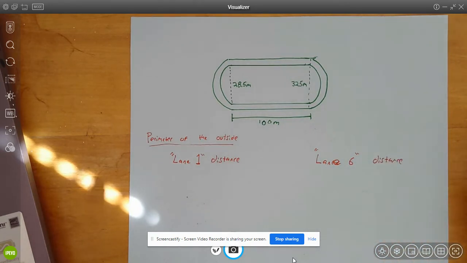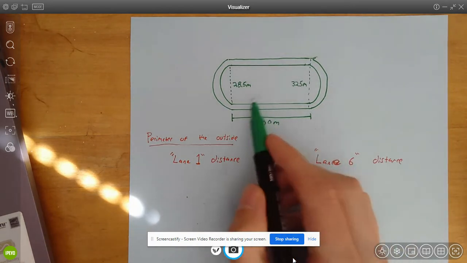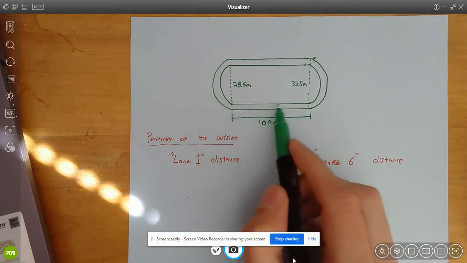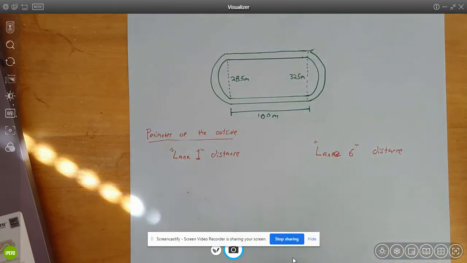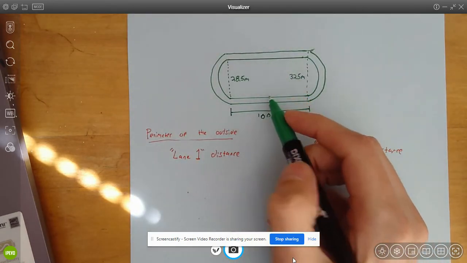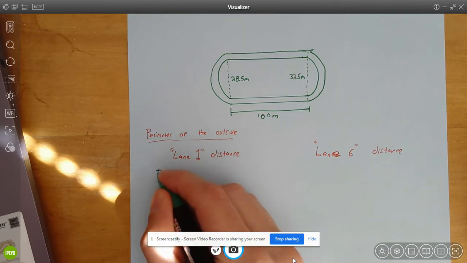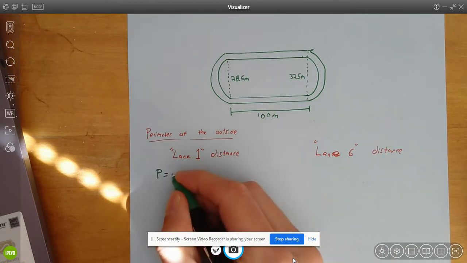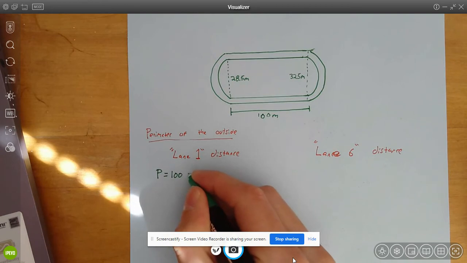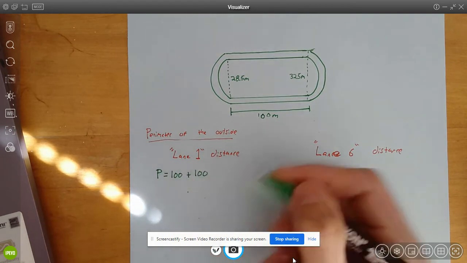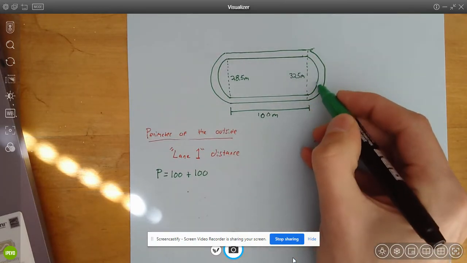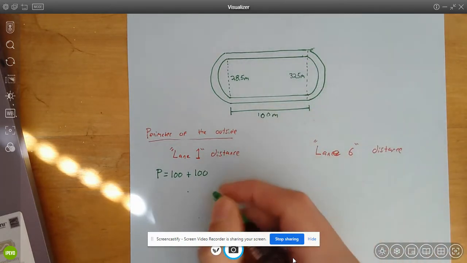So in other words, we're going to find the perimeter of this inside composite shape and the perimeter of the outside. The perimeter means we need to add up all of the sides. Perimeter is always the sum of the sides. So in this case, I've got the two straightaways, 100 meters plus 100 meters. But then I've also got these two curves, which each are a semicircle.